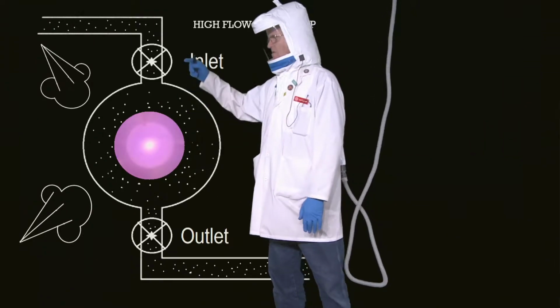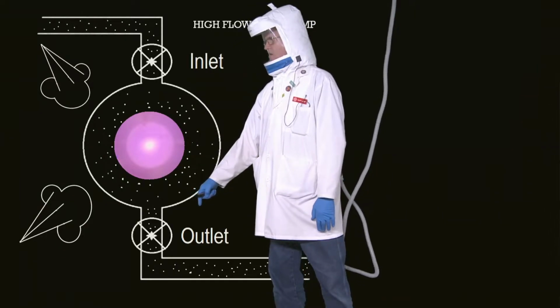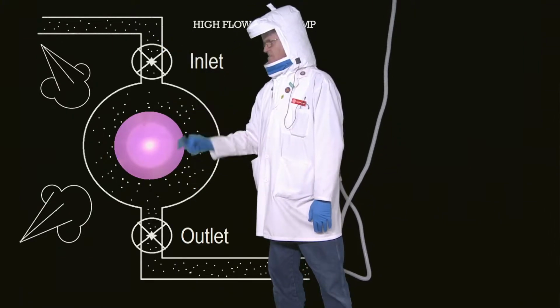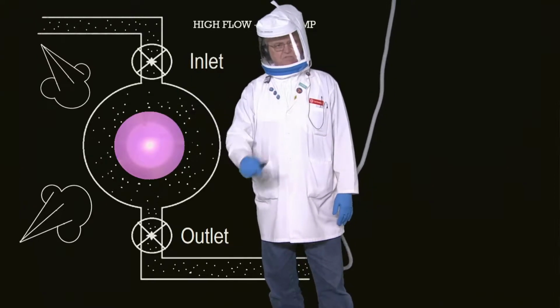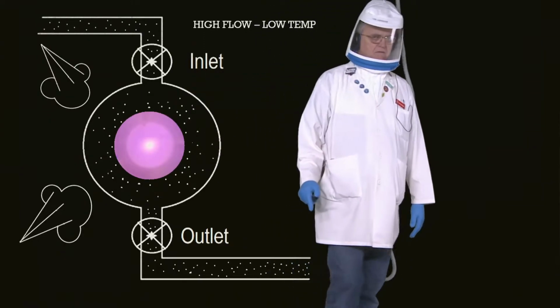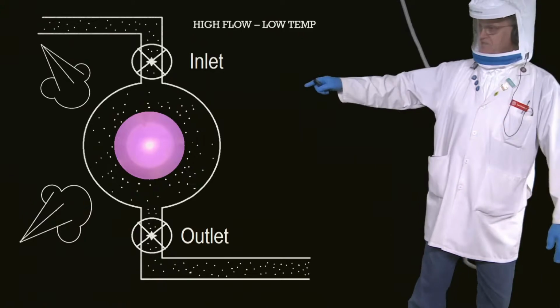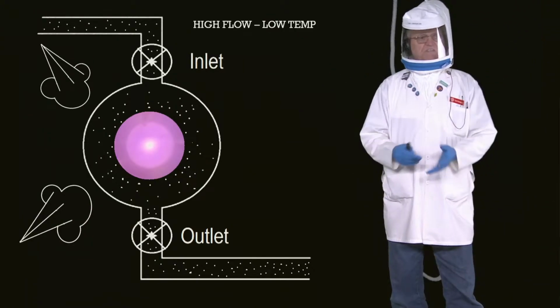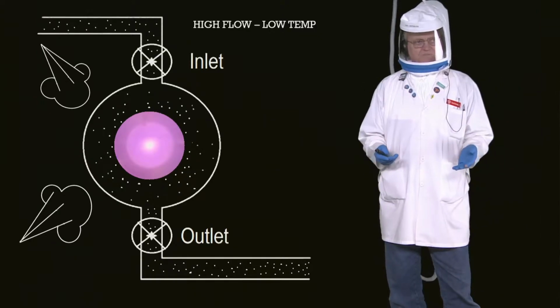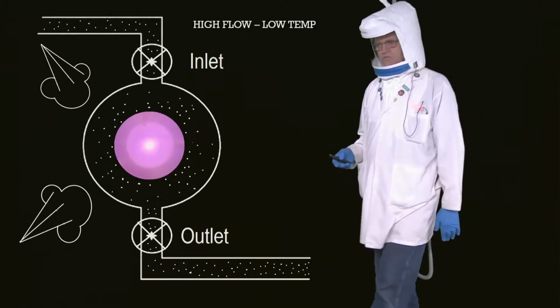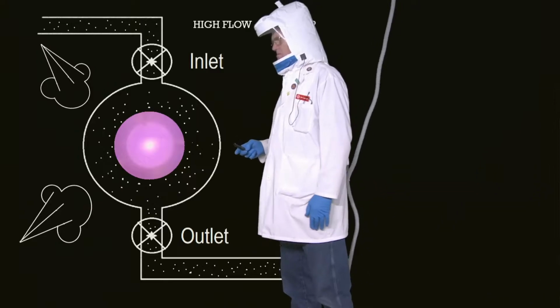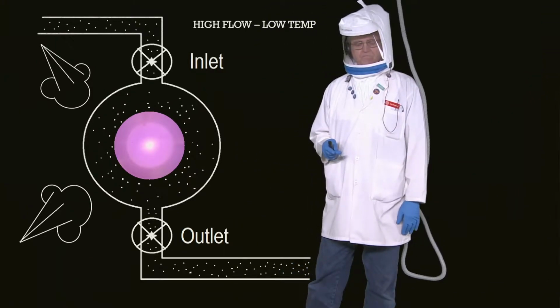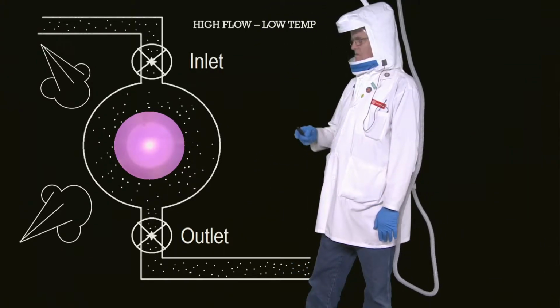We're pumping all that contaminated gas out and putting fresh gas in, and we're doing it at such a fast rate that the contaminants don't have a chance to build up, and so consequently we have more D2 involved in the plasma, and therefore we should see a higher neutron rate.